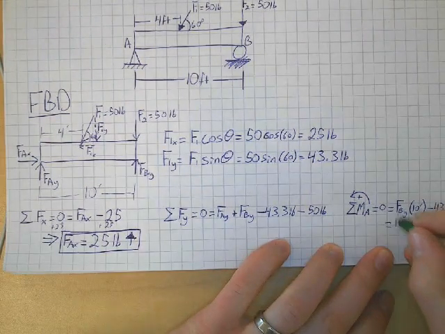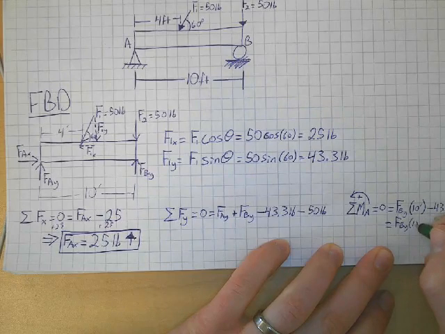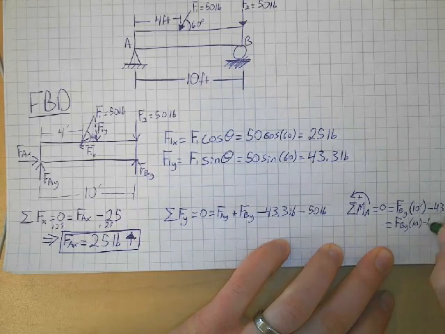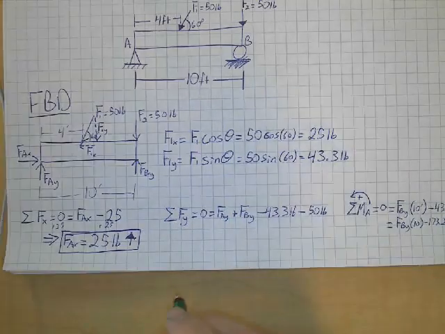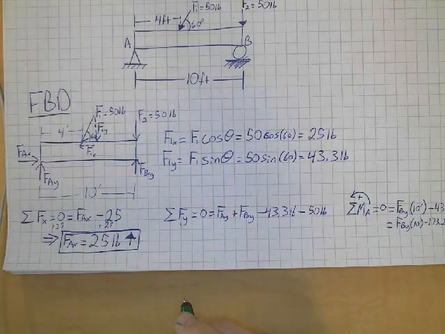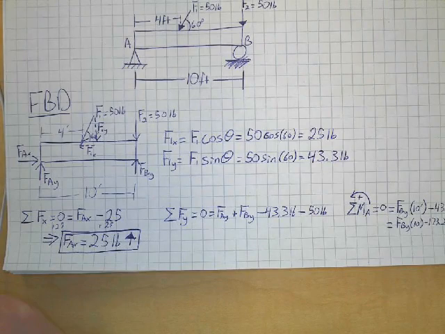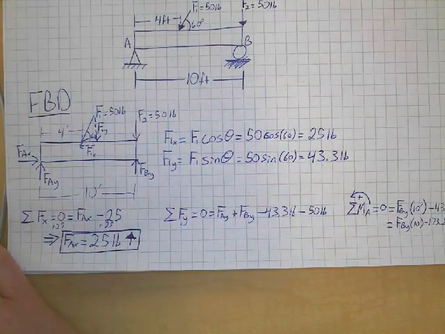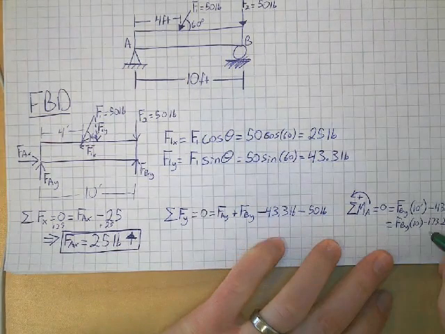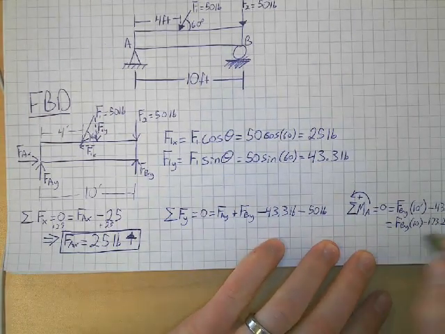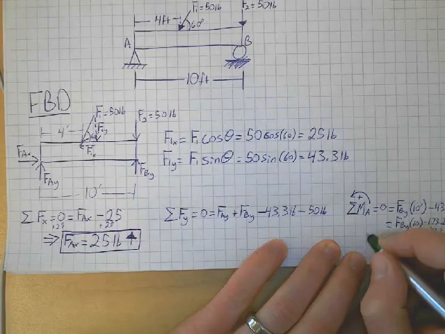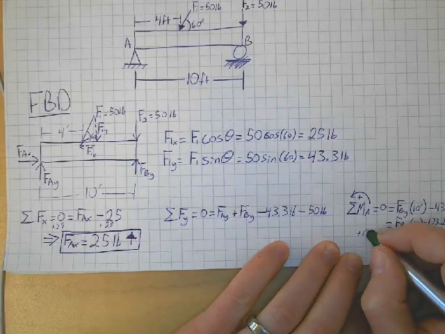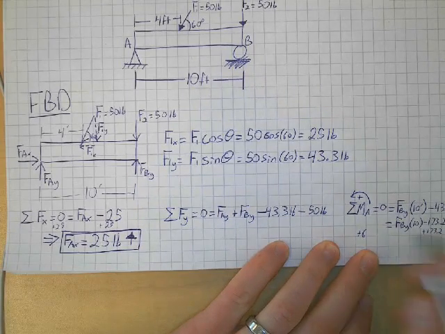So I have FBY times 10 minus 173.2 minus 50 times 10 would be 500. Okay, and what I would do is I could combine these and add them to the other side. So plus 173.2 plus 500, let's just combine those right now. That would be 673.2.